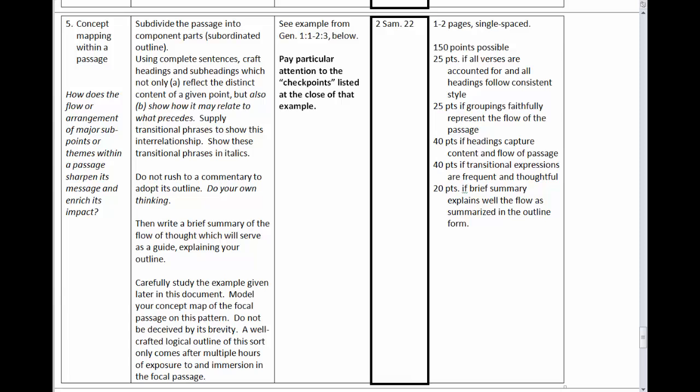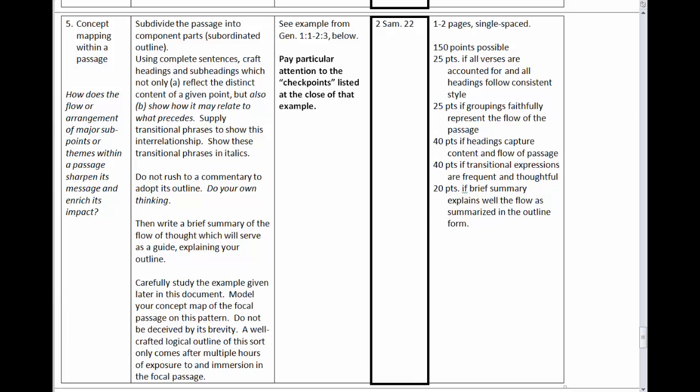And I'm going to ask that those transitional phrases would be produced in italics. That way it's very clear, very easy for me to know that you indeed have been thinking about the transition, the flow of thought. And incidentally, this is why we call it a logical outline. We're trying to trace the logic of the passage, the flow of thought.